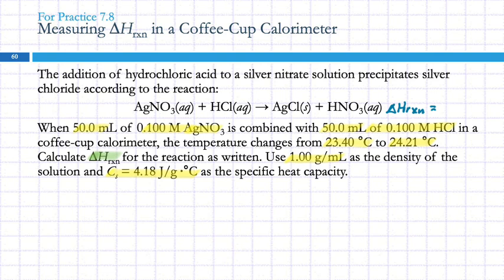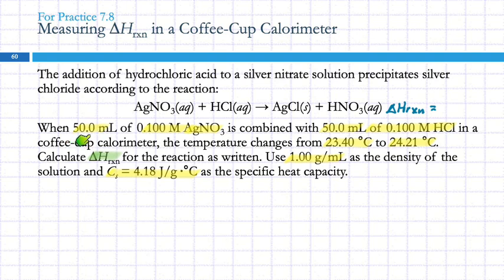So this kind of looks like a stoichiometry problem because we have a volume and a concentration and a volume and a concentration, and we've got a chemical reaction occurring. You could have a stoichiometry problem with a limiting reactant issue here, but that's too much.